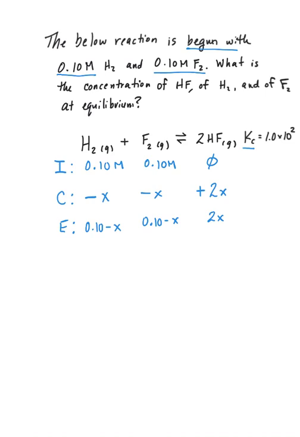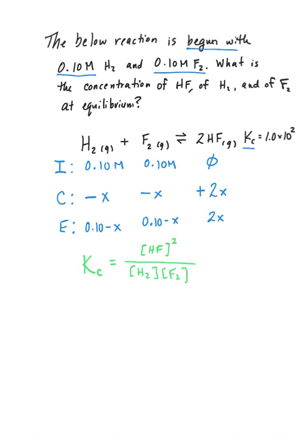Well, we take advantage of what we know about our equilibrium constant and the expression that describes it. We know that our equilibrium constant could be expressed in terms of products and reactants. Here, that equilibrium constant expression looks like the concentration of HF squared divided by the concentration of H2 and the concentration of F2.